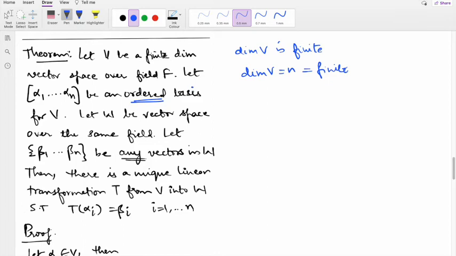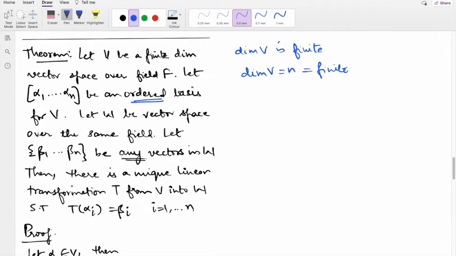Then we have some other vector space W, which is over the same field. Let beta 1 to beta n be any vectors in W. So beta 1 to beta n can be any vectors in W, and need not span the vector space W. They're not necessarily linearly independent. No other assumptions are being made. These are any vectors in W.